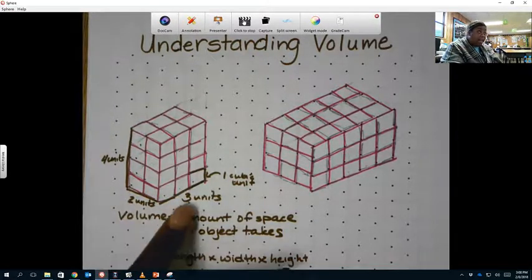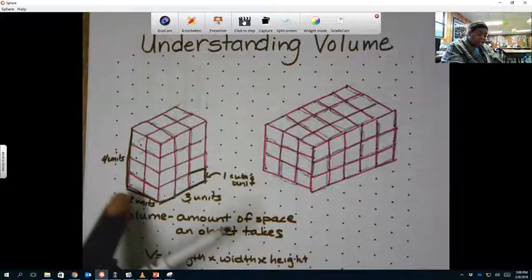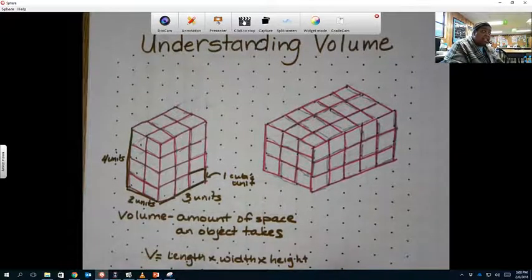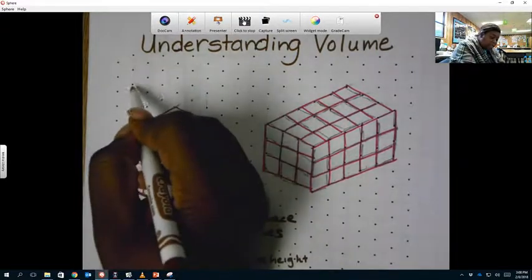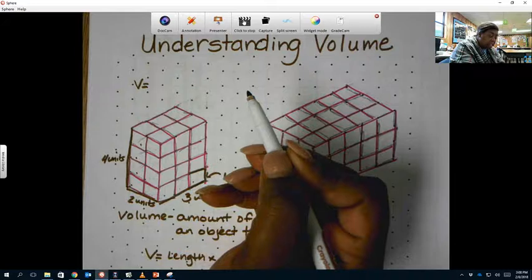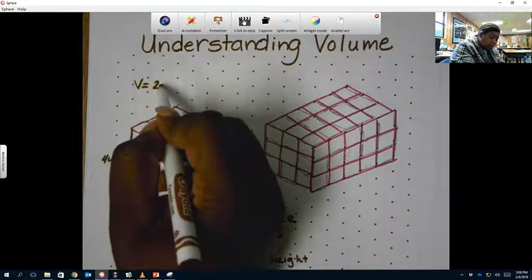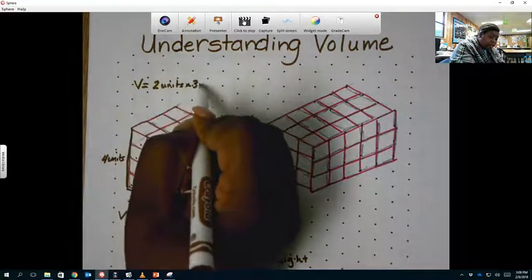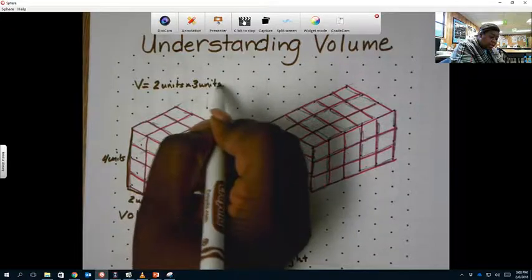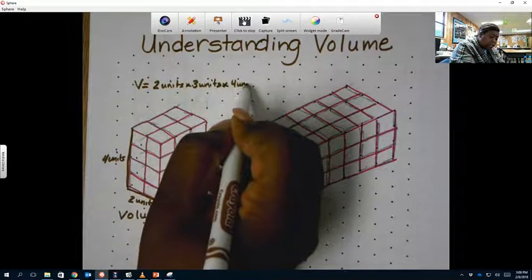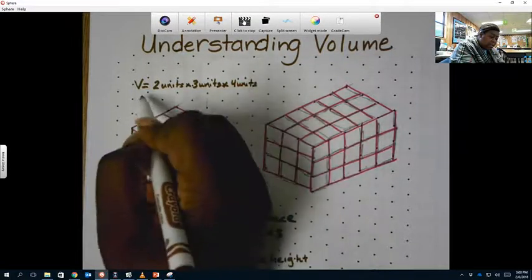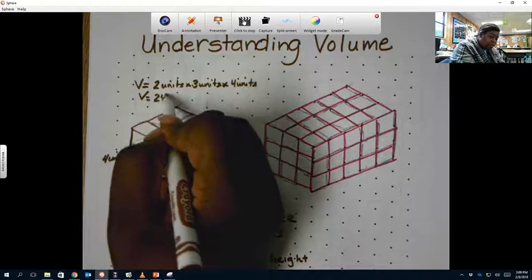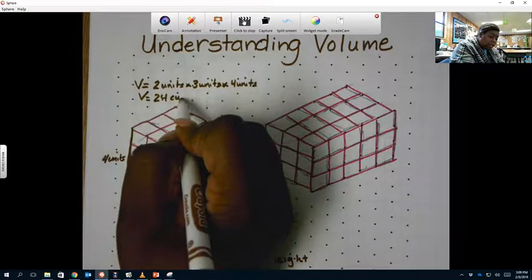So I now have a length, a width, and a height. So now I can find the volume of this by creating a multiplication sentence: 2 units times 3 units times 4 units, and my volume is 24 cubic units.